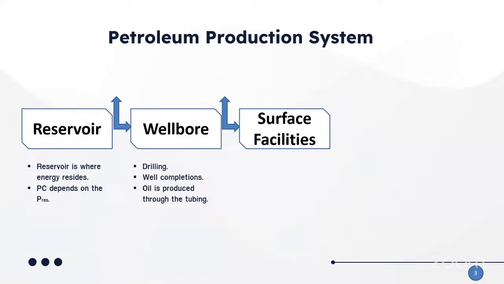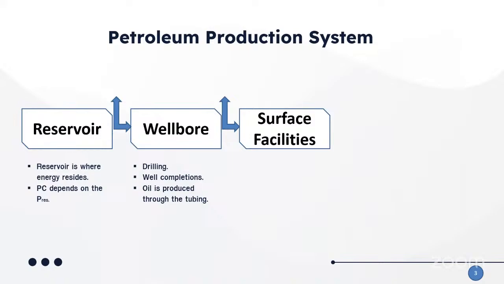Then the wellbore begins with trying to create a hole to identify the area for potential oil and gas. This process of boring the hole is called drilling. After drilling, that's just you creating the hole. Before completion, you have to do your casing.